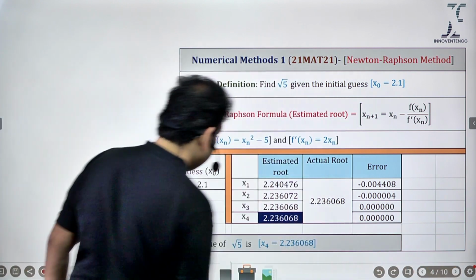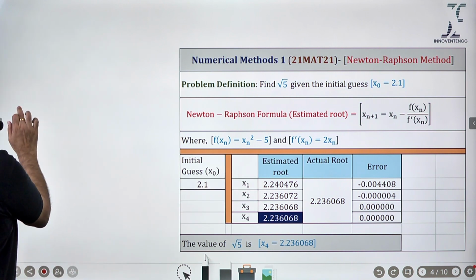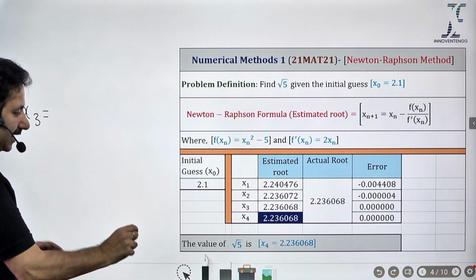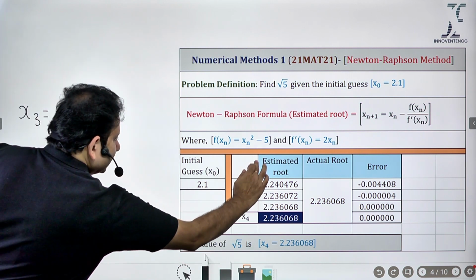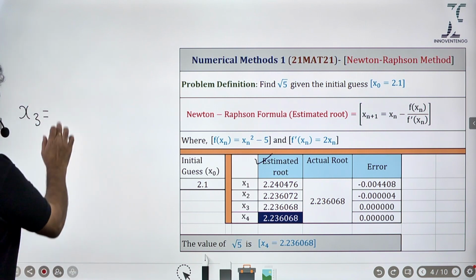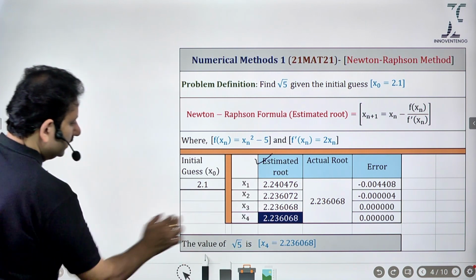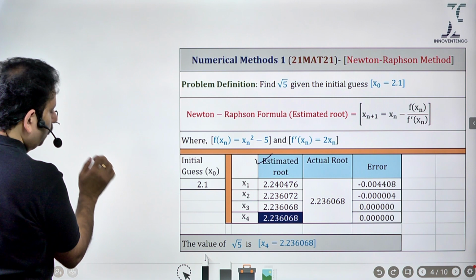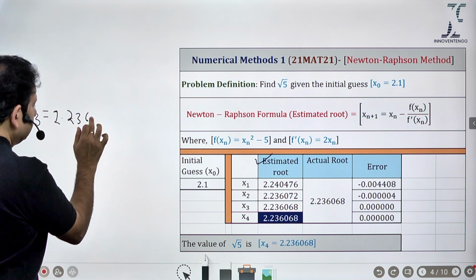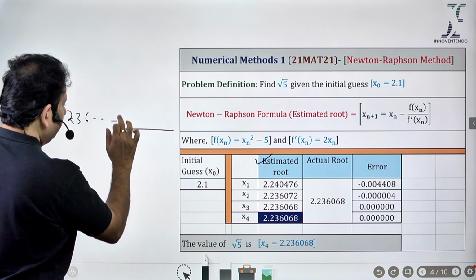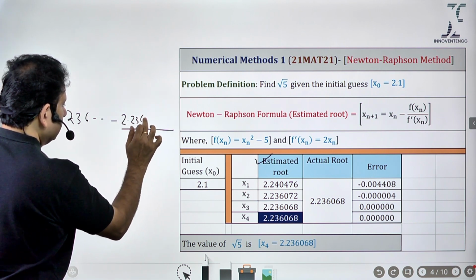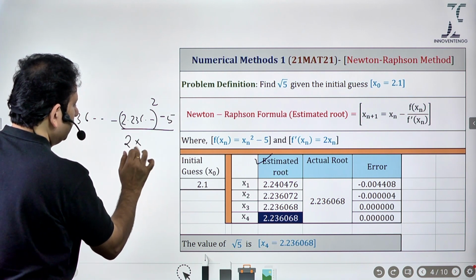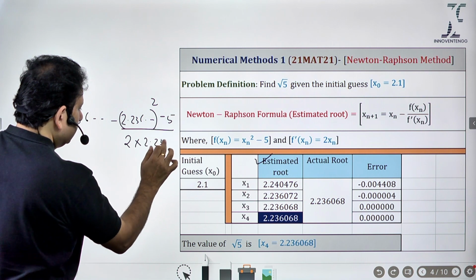And how do you do that? You simply use your third iteration value, that is the third estimated root. If I call it x3, how is it got? It is got by using this x2 in the formula, that is your x is going to be 2.236 and so on minus, then you will have 2.236 whole square minus 5 divided by 2 into 2.236 whatever.